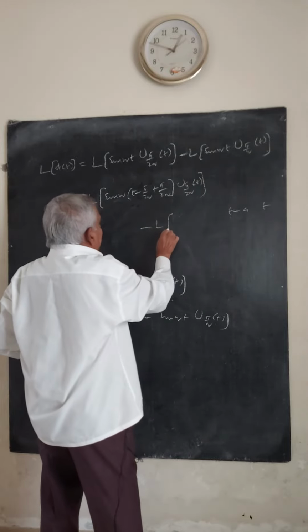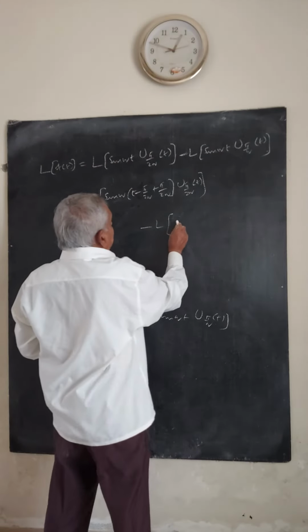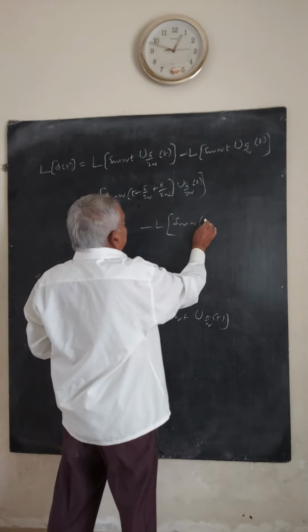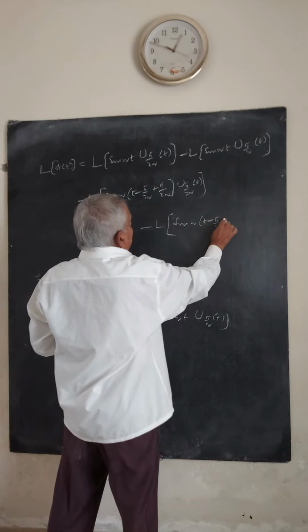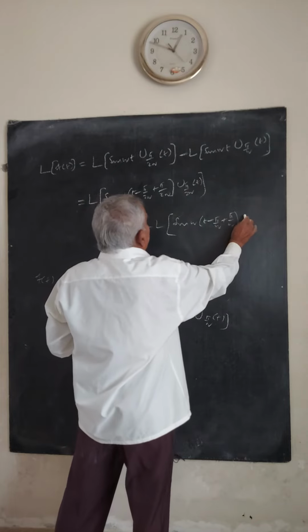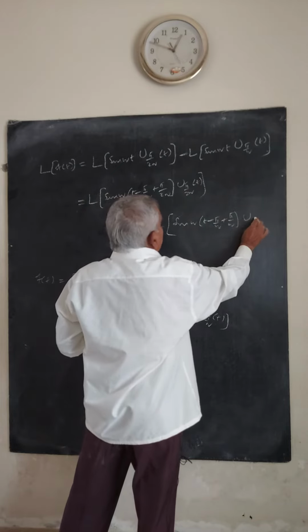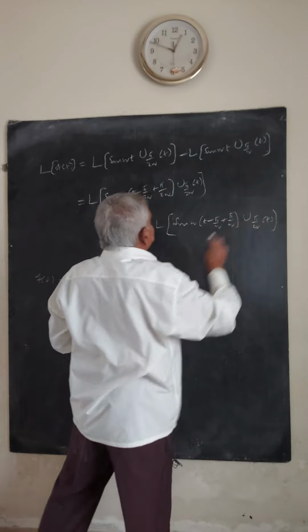Similarly, minus L of sin omega t minus pi by omega, adding and subtracting pi by omega, u of pi by omega of t.